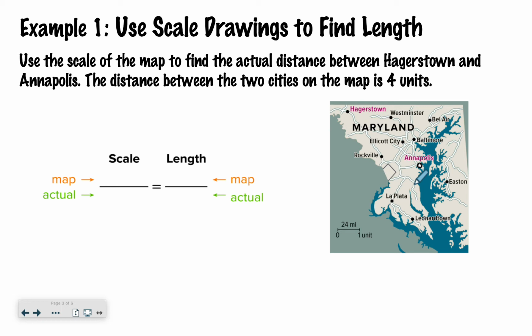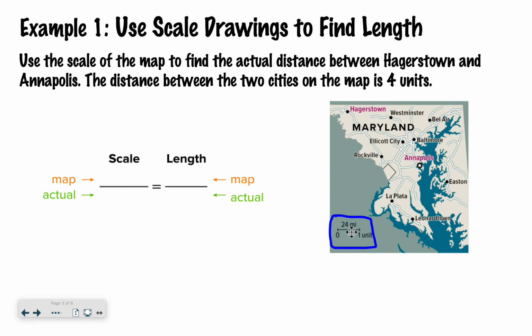Use the scale of the map to find the actual distance between Hagerstown and Annapolis. The distance between the two cities on the map is 4 units. If we look at this, you will see something located on a map, usually in a corner, called the scale.